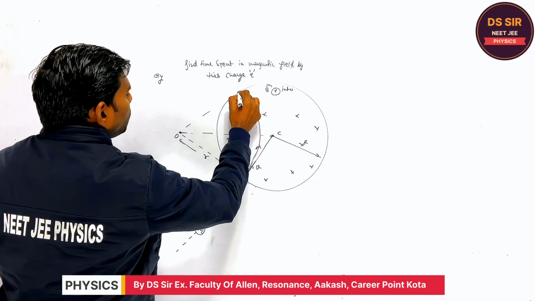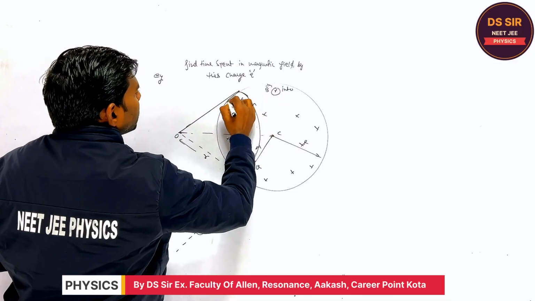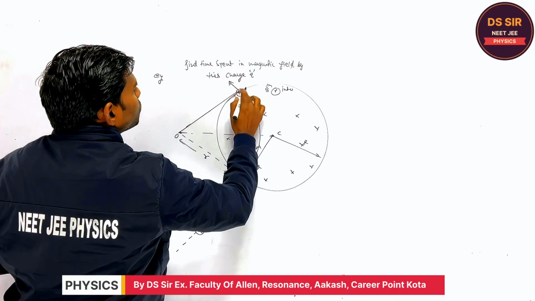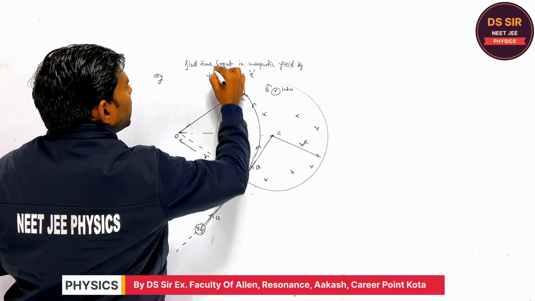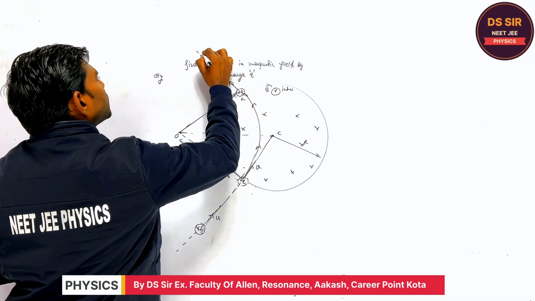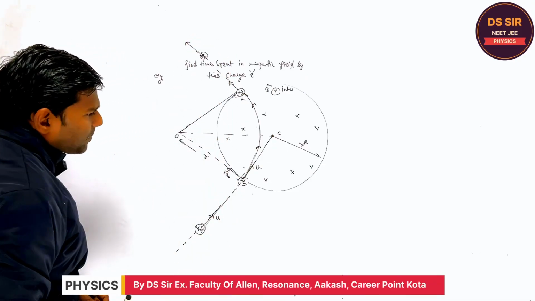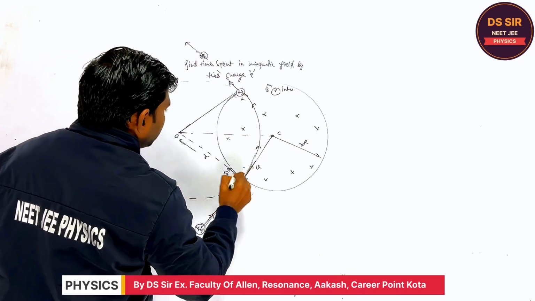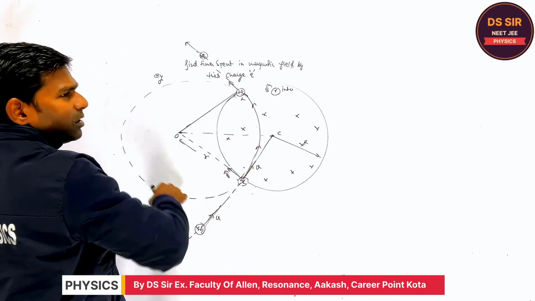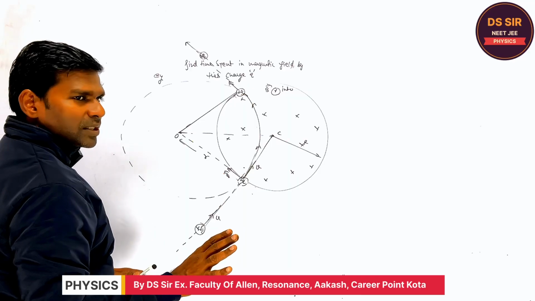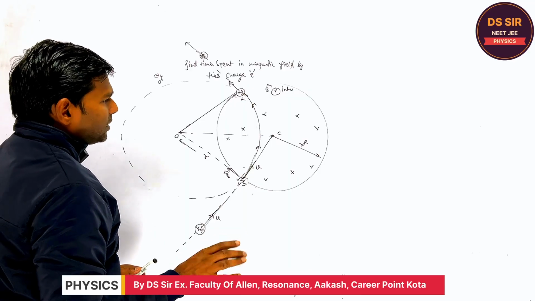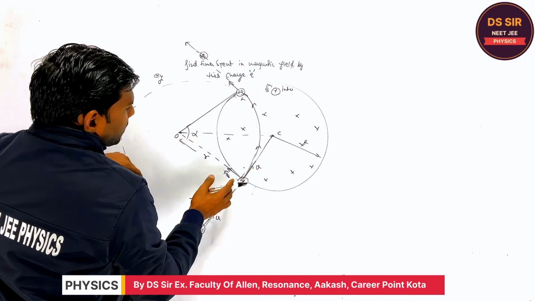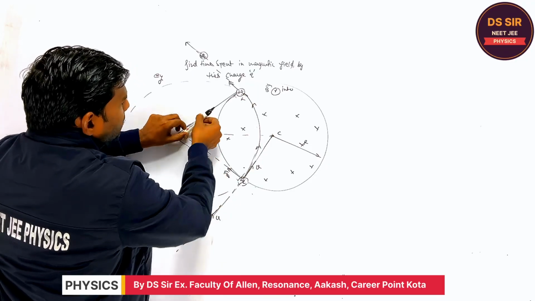It will perform circular motion, and here it comes out from the magnetic field. This is the plus Q charge, and it will continue to move in this direction. If the magnetic field was present everywhere, it would complete the whole circle. Now only this angle alpha is covered by this circular arc.